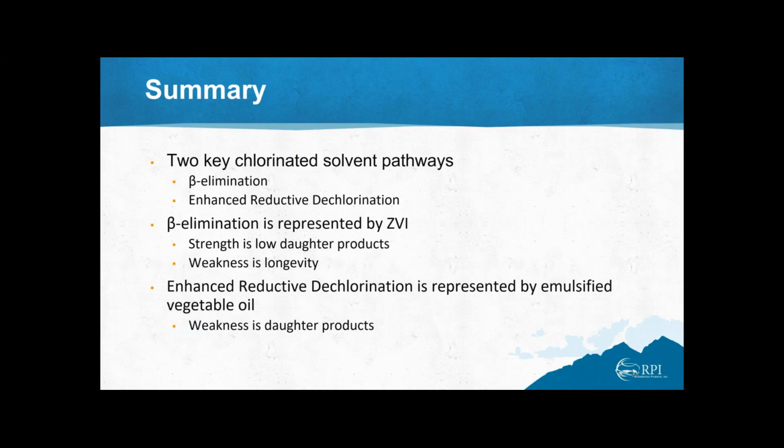Enhanced reductive dechlorination is represented by emulsified vegetable oil. Its weakness is daughter products. And how long it lasts? Well, it's fairly cheap. You can just keep injecting it over and over again. So in some sense, you could say it lasts long, but one injection doesn't last very long. And if you're not careful in throwing it in the ground over and over again, you will get some microbial reactions that will, well, leave you chagrined.